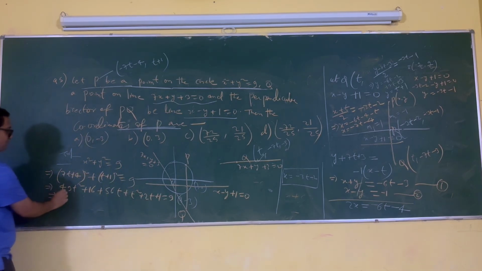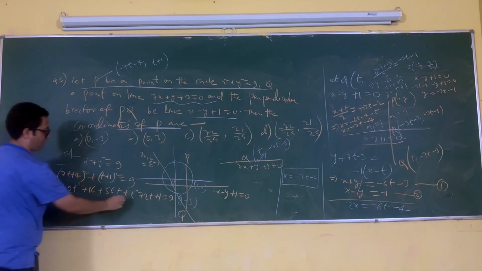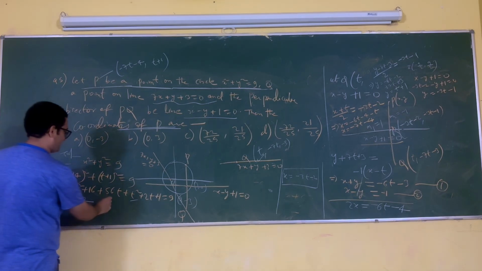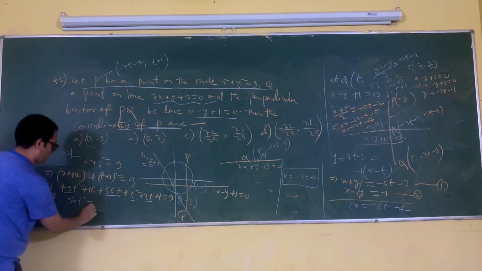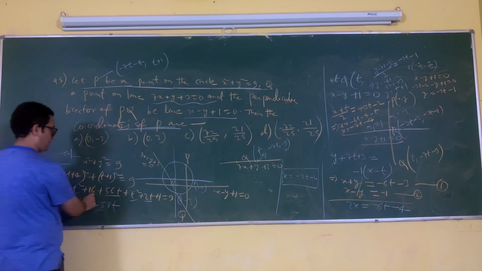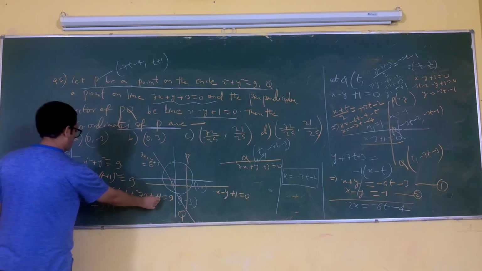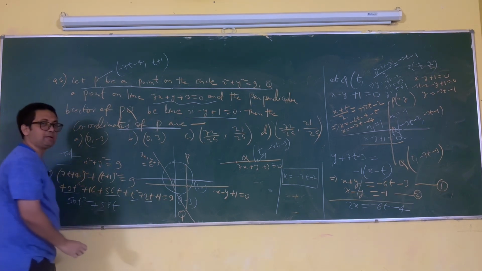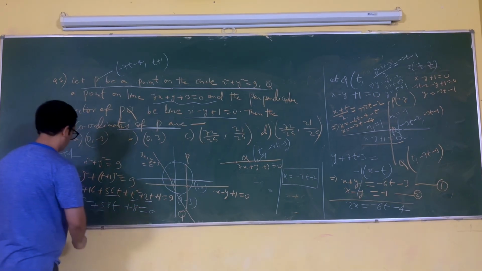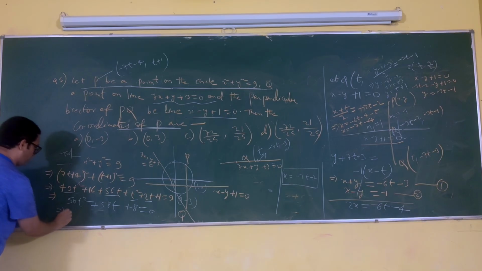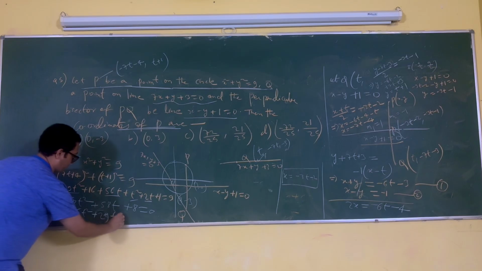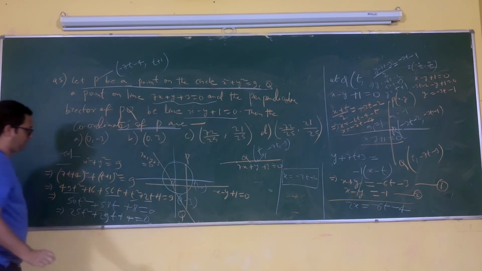So 49t square and plus 1t square, so it will be 50t square, 56t plus 2t, that will be 58t, and 16 plus 1, right, 17. So plus 8 minus 9, it will be how much? 25t square plus 29t plus 8 is equal to 0.